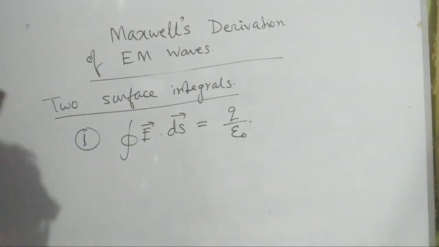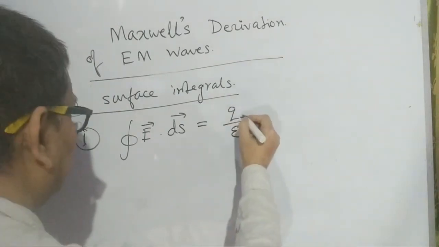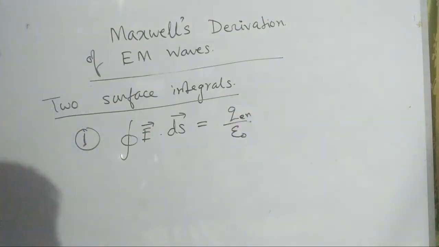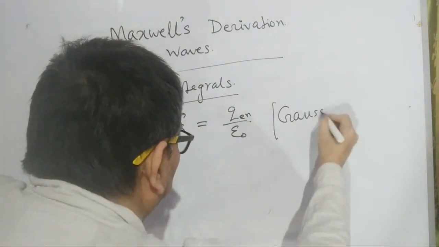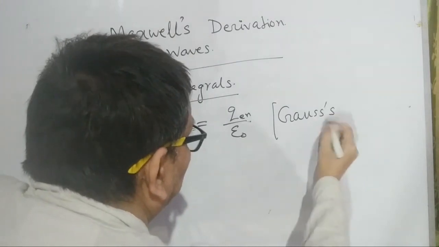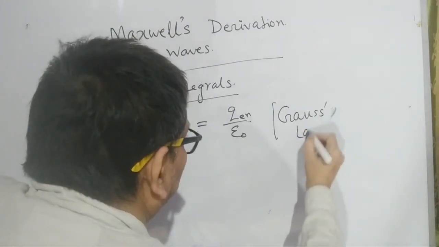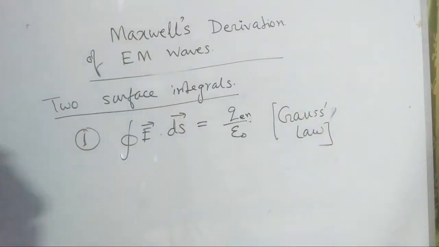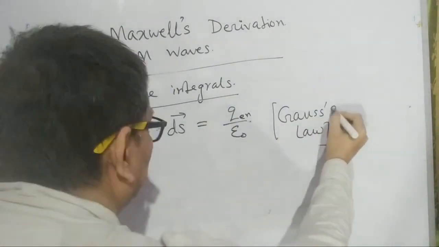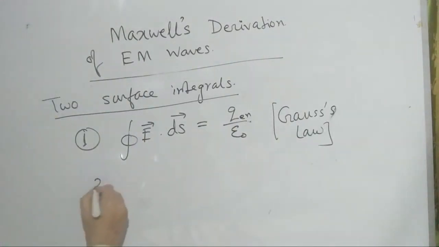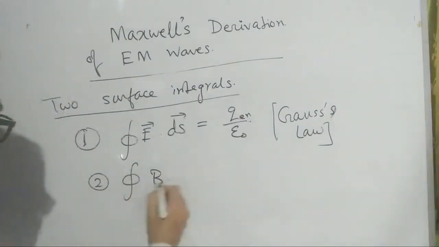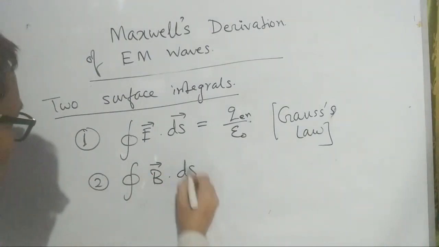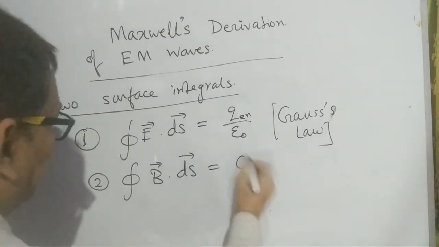Okay. The electric flux equals charge enclosed by epsilon naught. This law is Gauss's law. And the second one: if we pass magnetic field through a surface area, you'll get nothing.